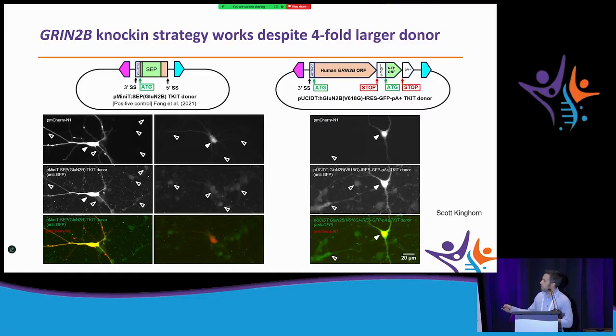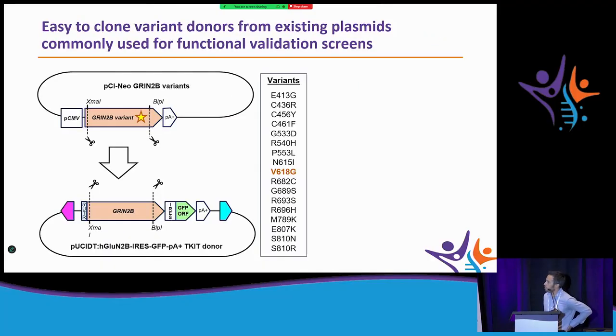And only in the last month we've been able to test this construct, and this donor sequence we suspect is incorporated nicely into a good fraction of the cells. I think we had 60% of the cells that were both GFP positive and mCherry positive. So these are knock-ins of human GLUN2B.